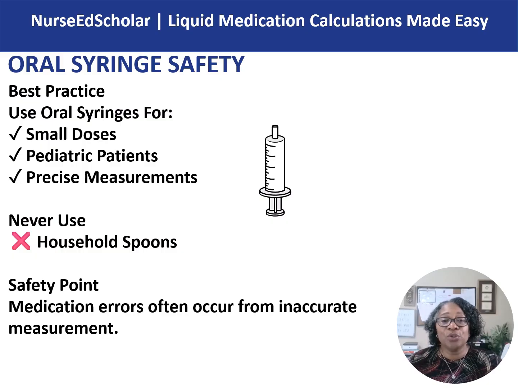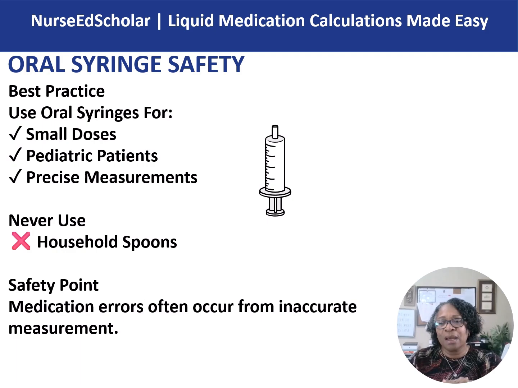Okay, so a lot of the times you'll be giving medicines, you may give it in a medicine cup, but a lot of times you'll give it in an oral syringe. And that oral syringe really helps you measure liquid medications accurately. It's great for smaller or, like we said before, precise dosages.